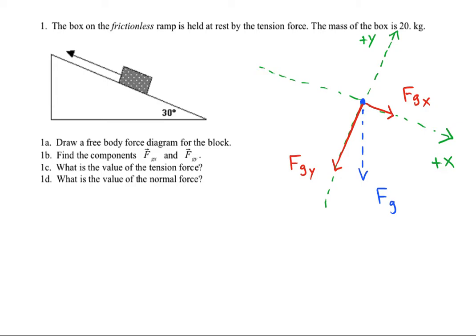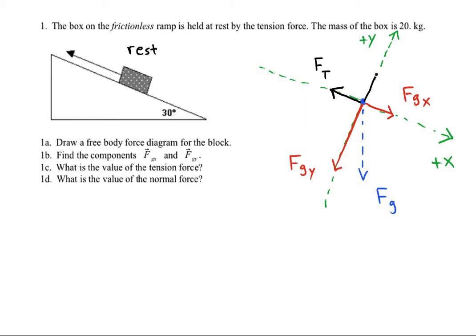Okay. We want the lengths of our forces to represent their relative magnitudes. So from this, I can determine how big the tension force should be. We need to have equilibrium because our block is at rest. And in order to achieve equilibrium, the tension force has to be just as big as that Fgx, but in the opposite direction.